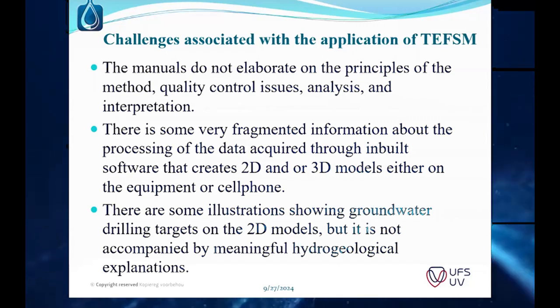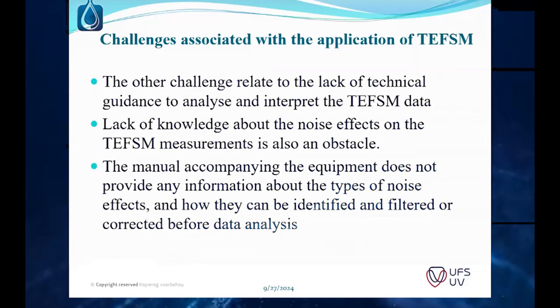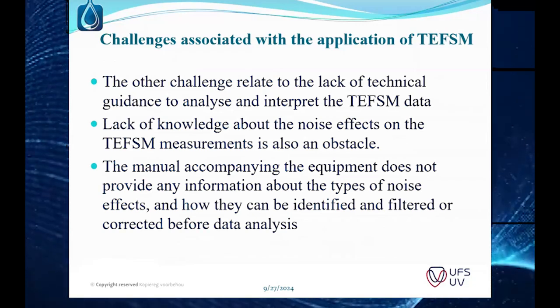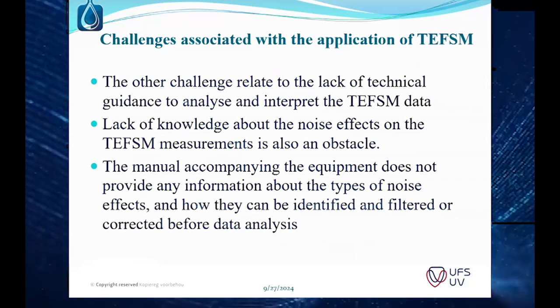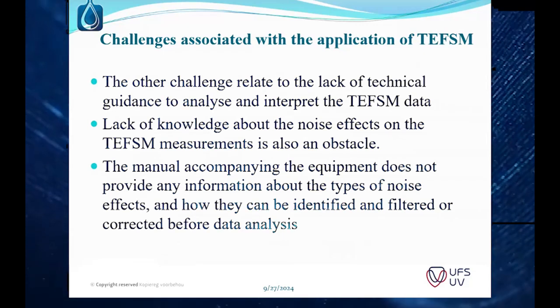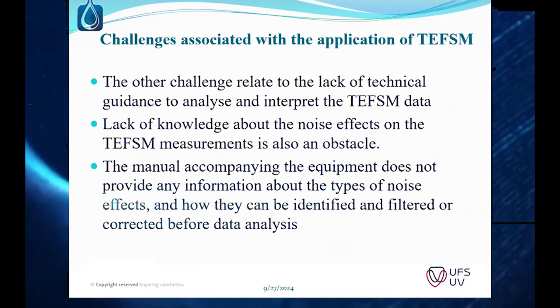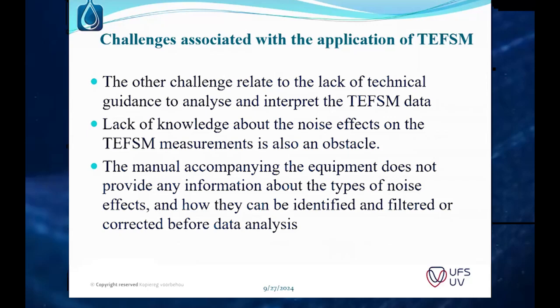Those are some of the challenges that create doubts. That also relates to the interpretation. There is no standard way that has been put forward to interpret the data. Researchers are now just trying different ways, but it's a little bit easy because with experience, you can calibrate your own information.